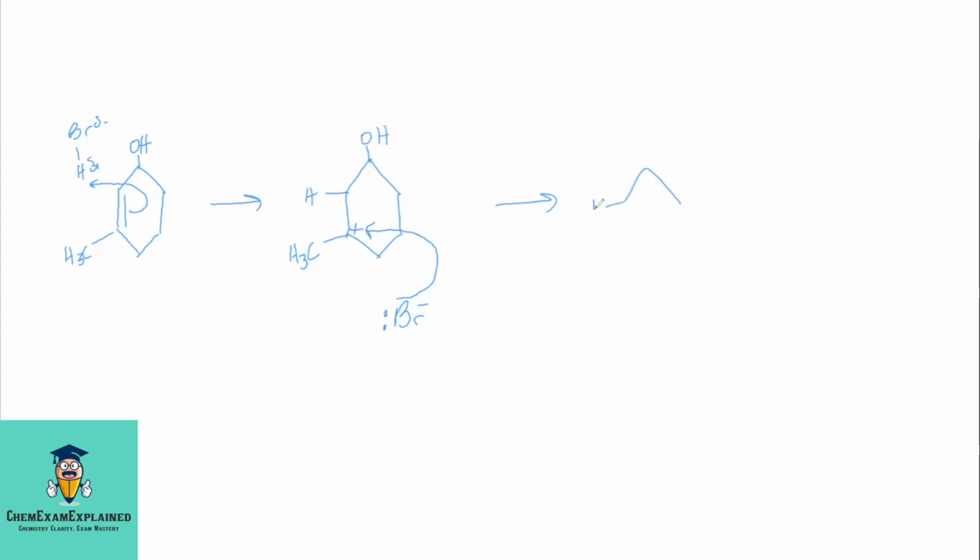So now I have my H there, my H3C, and my Br. And that is going from compound A to compound E.